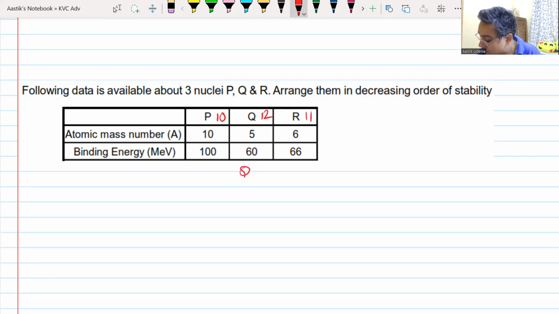So the stability of Q will be greater than the stability of R, which will be greater than the stability of P. P is the least stable, though it has the greatest binding energy. Do we understand this? Yes. Everyone understands this. Yes.